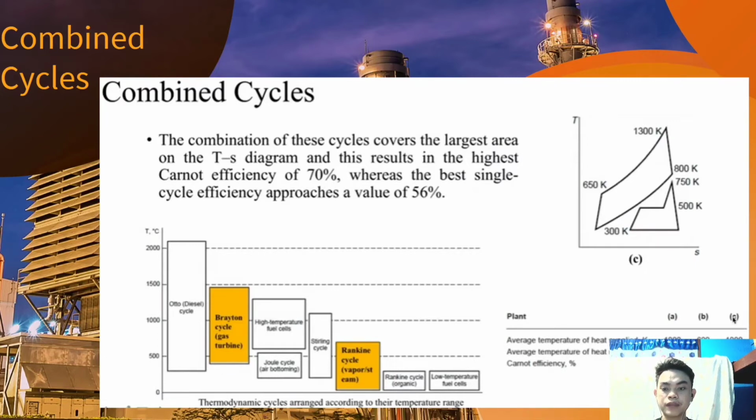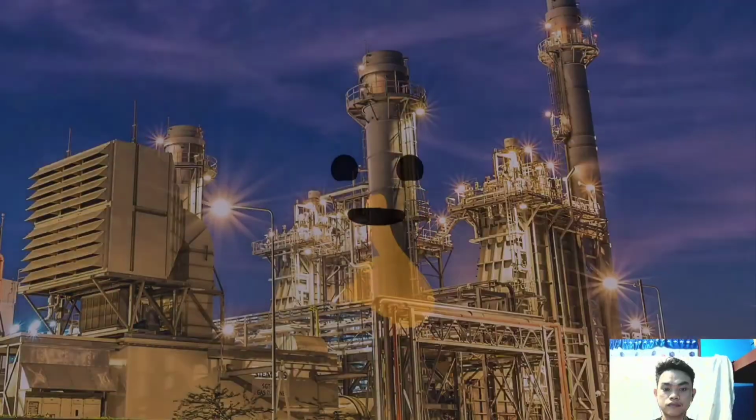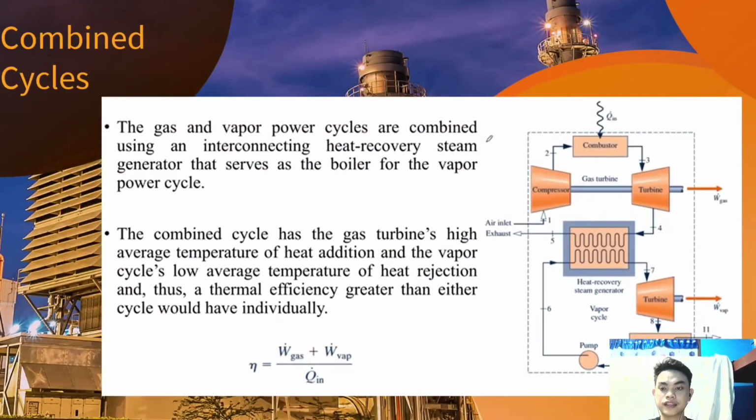And the steam turbine plant, operating on the basis of the Rankine cycle because of its lower operating temperature, especially across the condenser, is usually the bottoming cycle. So the gas and vapor power plant are combined using an interconnecting heat recovery steam generator that serves as the boiler for the vapor power cycle.